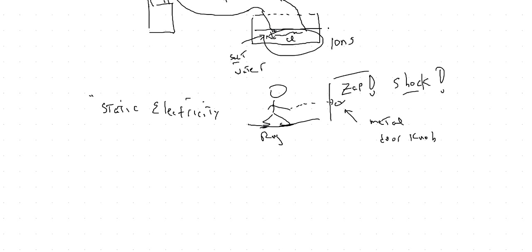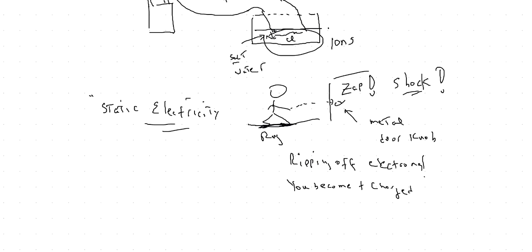What you're doing when you walk across the rug is you're essentially ripping off electrons. So that means you become charged. If you lose electrons, you become positively charged.